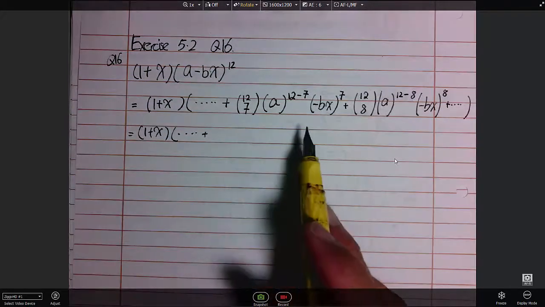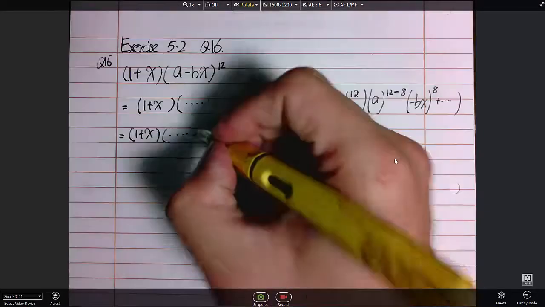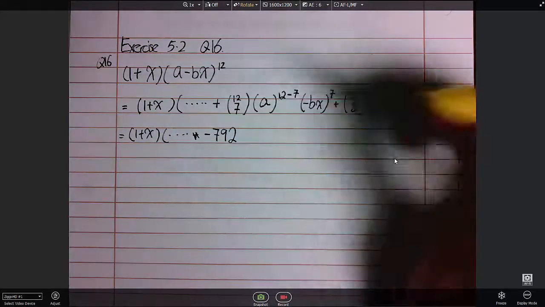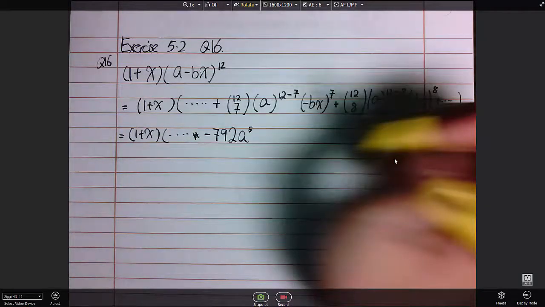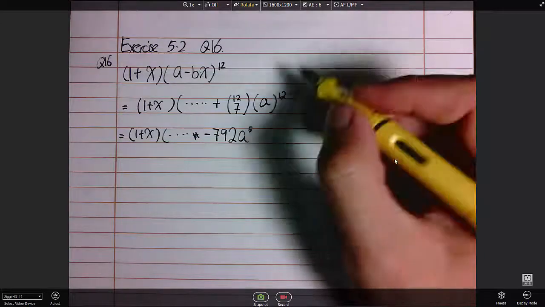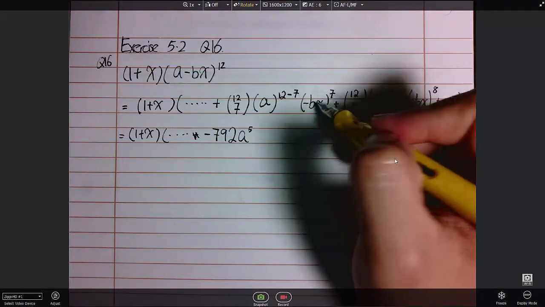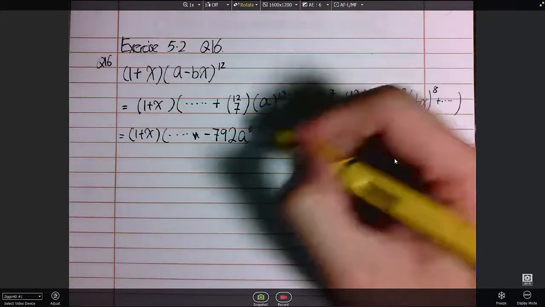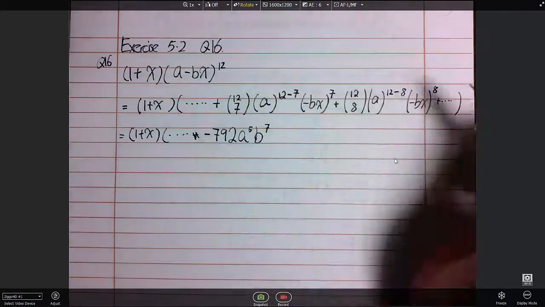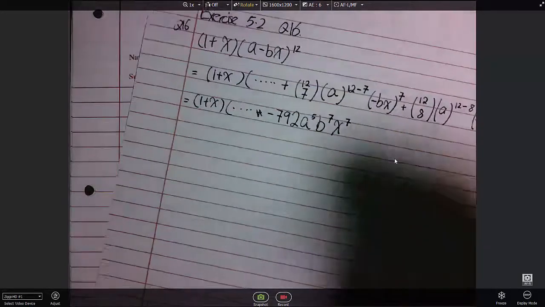So this one, if you simplify all of it, you should get negative 792 a to the power of 5, negative b to the power of 7. That's why I put negative b to the power of 7, odd number is still negative b. So it's b to the power of 7, so I put in a negative here, and x to the power of 7.